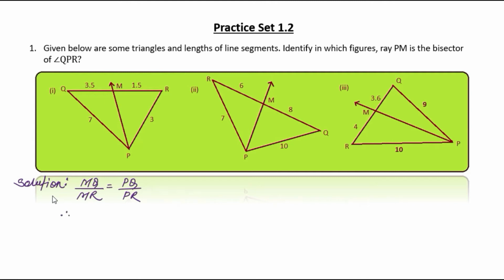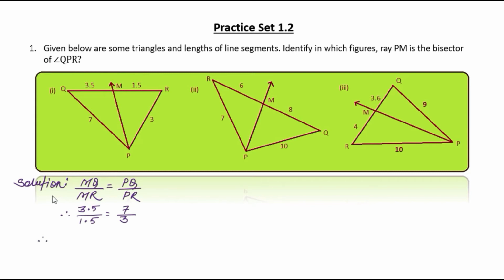Now substitute the values. MQ is 3.5, MR is 1.5, PQ is 7 and PR is 3. If you multiply 3.5 into 2 and 1.5 into 2, then you will get 7 by 3. So this ratio is valid.